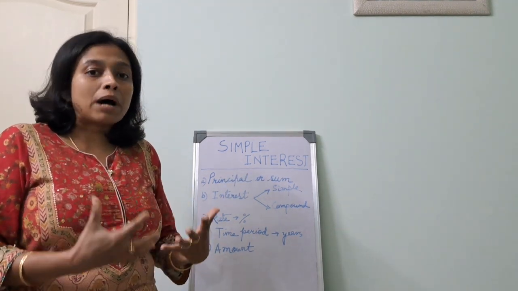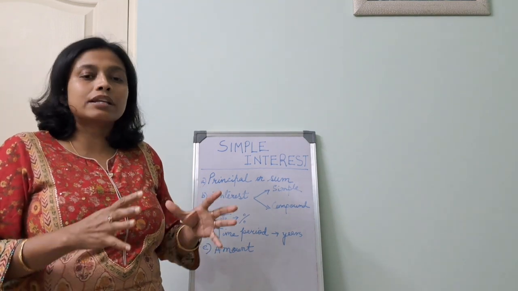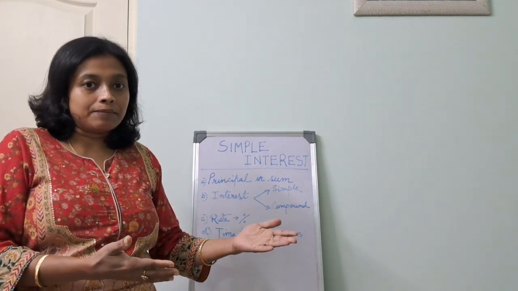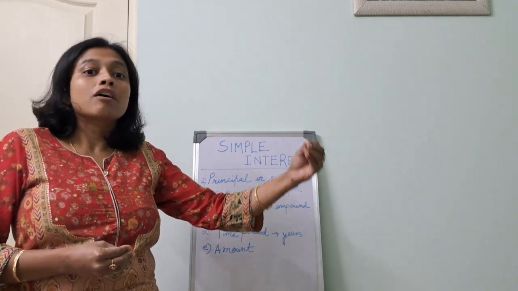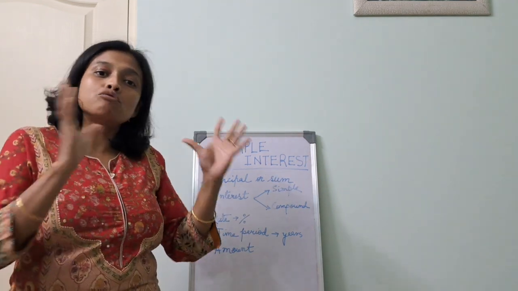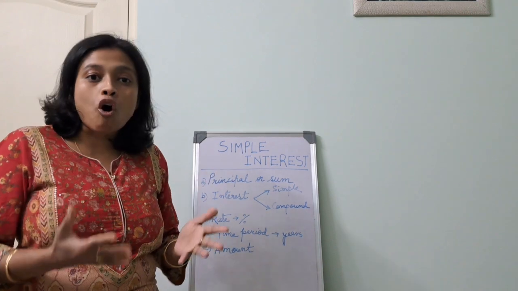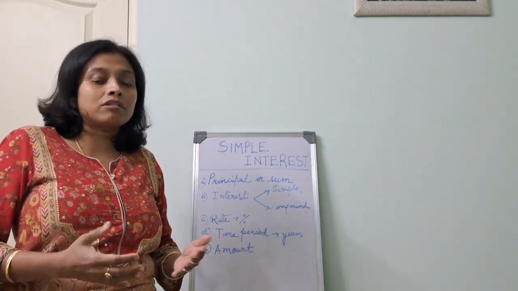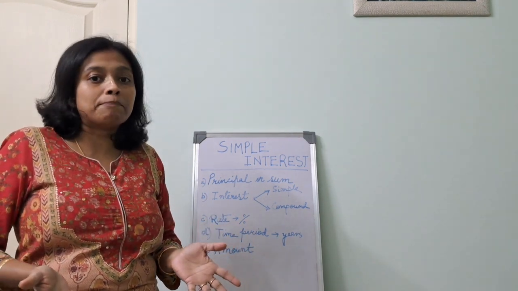Now let us take a single scenario in which we are depositing our money in the bank. When I deposit 1 lakh in the bank, what does the bank do? The bank uses that money to earn more money. There are things like stocks and mutual funds, which you may have heard from your parents, and you will know more about them as you grow up.